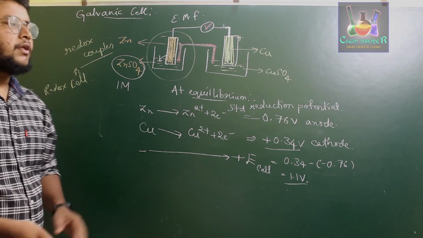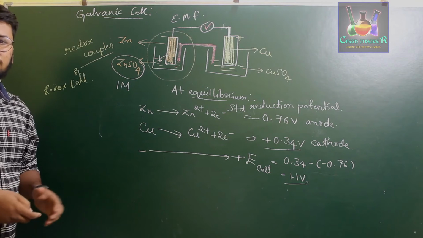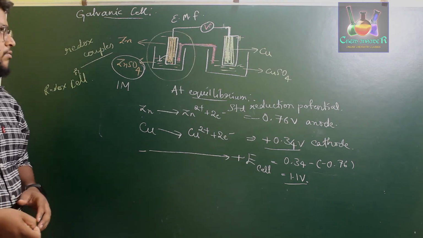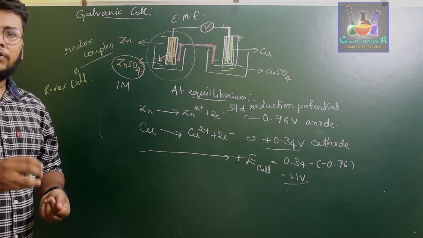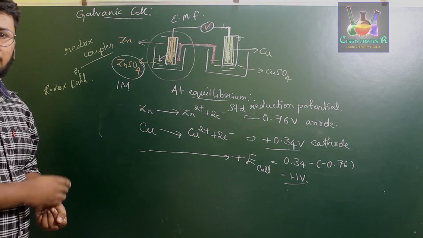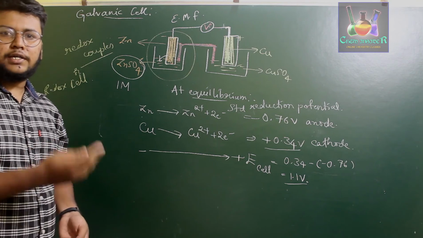Later, IUPAC established a convention that whenever you represent the cell of a reaction, you consider the anode on the left hand side and the cathode on the right hand side.